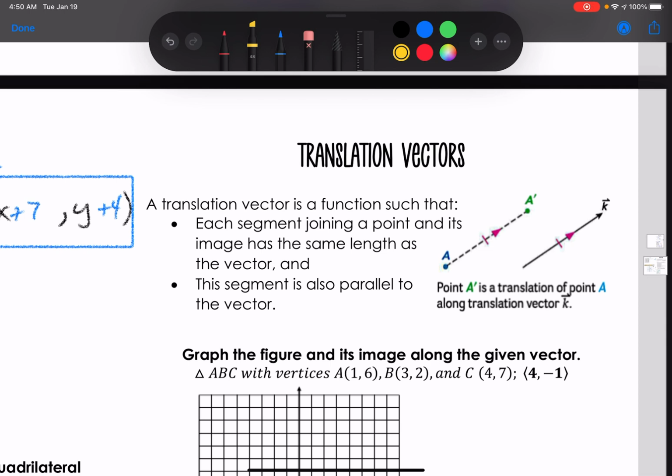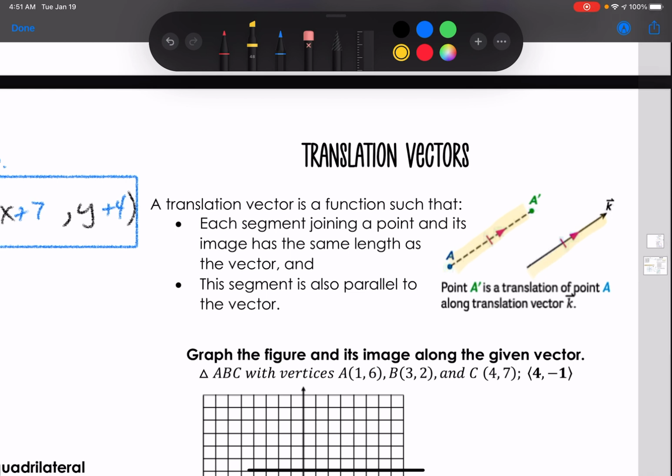And this segment is also parallel to the vector. So pretty much these two are not only going to be parallel, but they're also going to be congruent. That vector is going to be congruent and parallel with how much your pre-image moves to become the image.